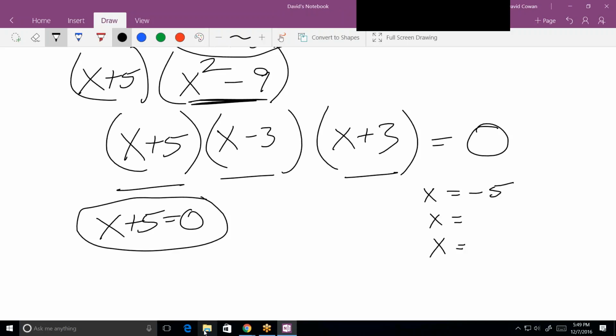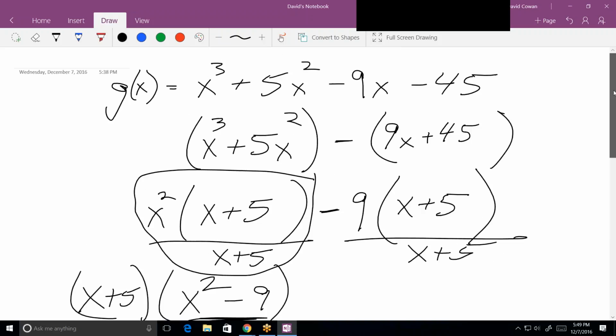And then x equals... I didn't hear. X equals 3. And then x equals negative 3. Okay. And those are the three zeros of that function. Do they want you to do anything else with it? Nope. Okay.